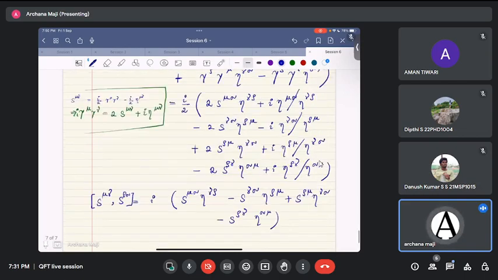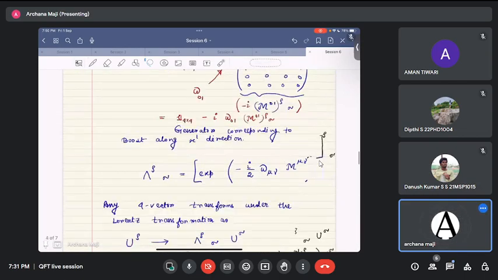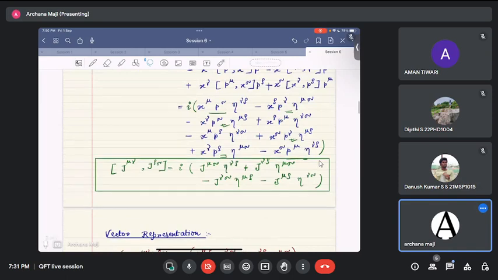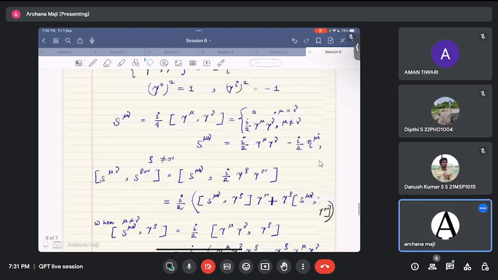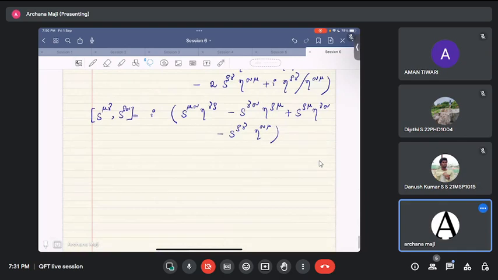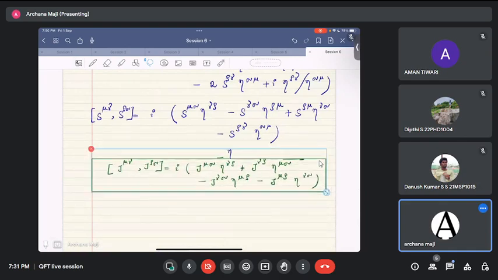So just to compare, let's just copy. Okay, so it's the same, right?